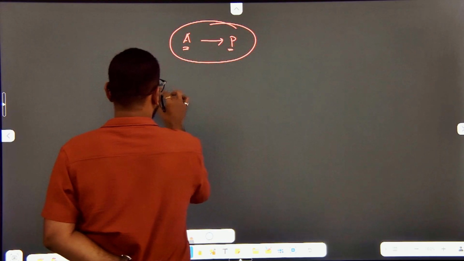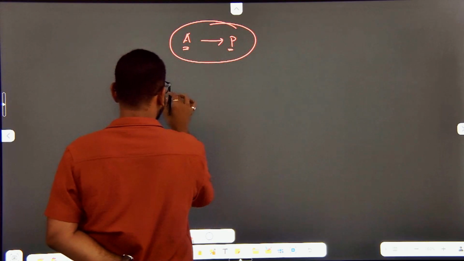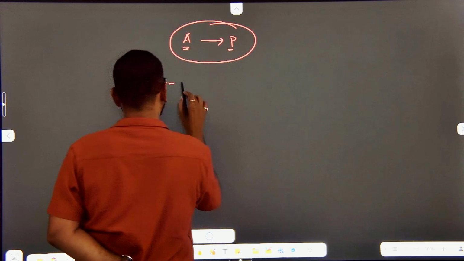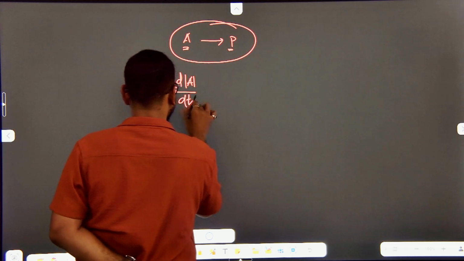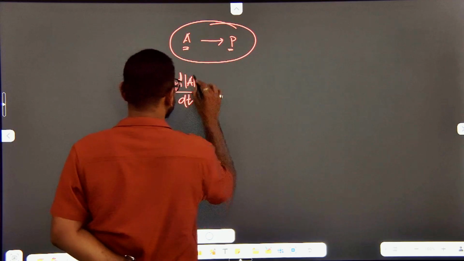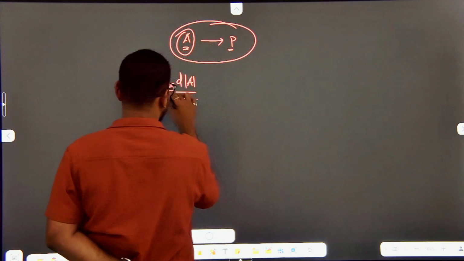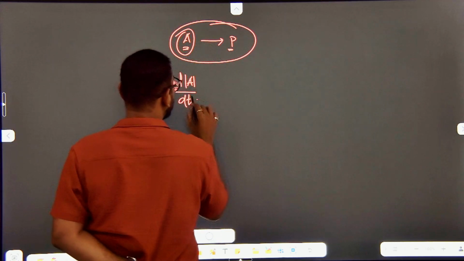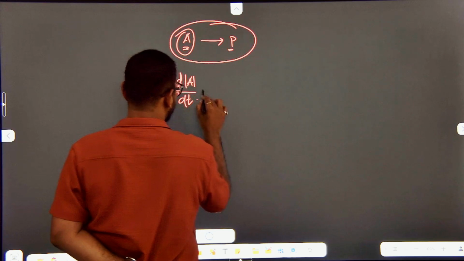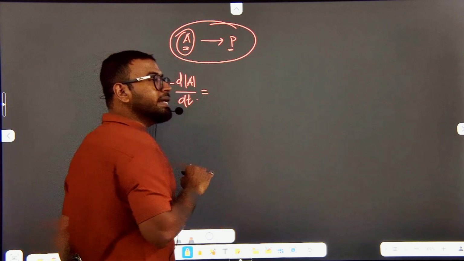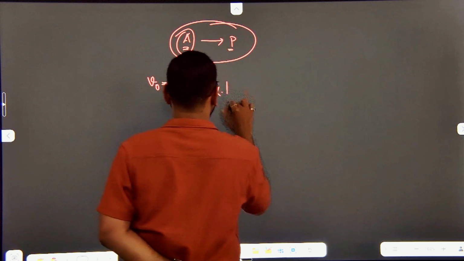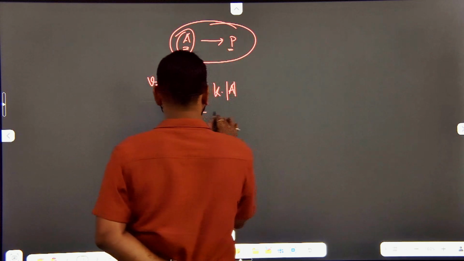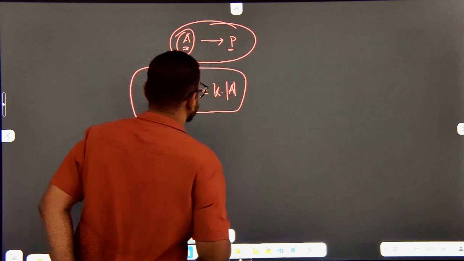So V naught, or the initial velocity, can be minus dA by dt, because A is getting dissociated, that is why minus. So dA by dt can also be stated as dissociation constant K into A. This can also be the approach.